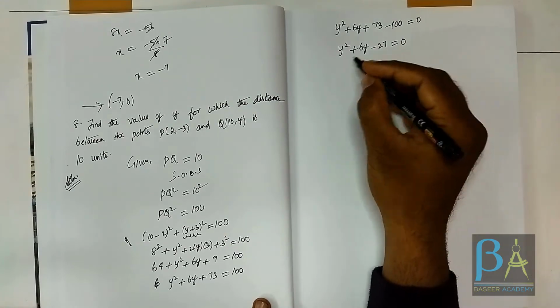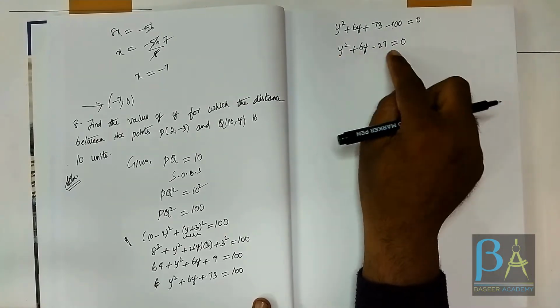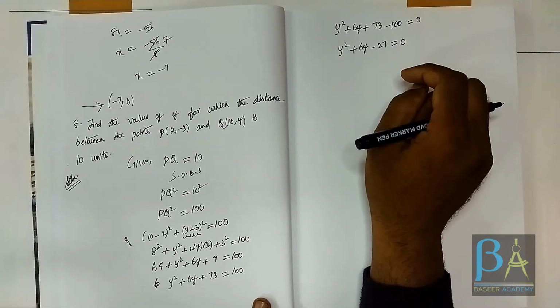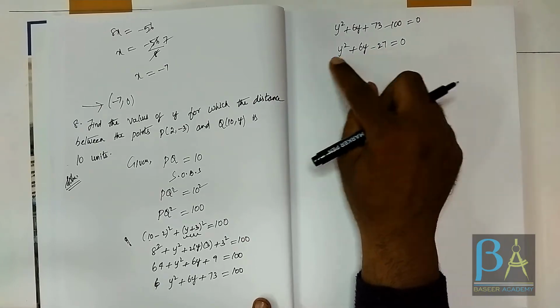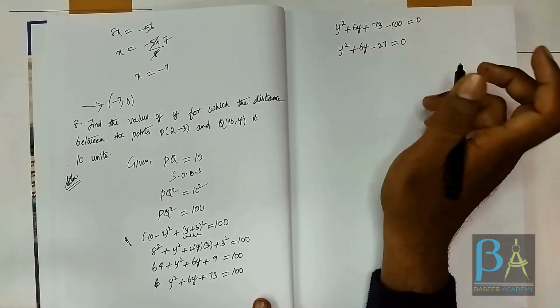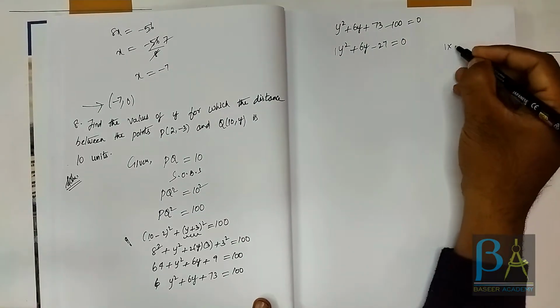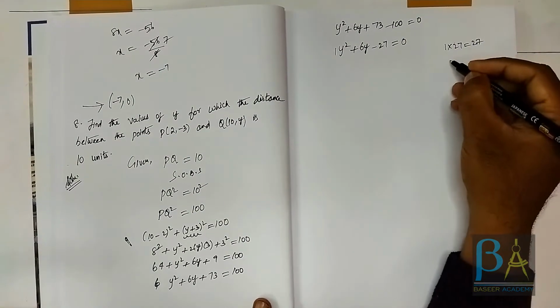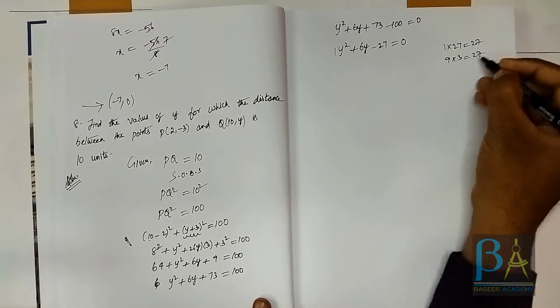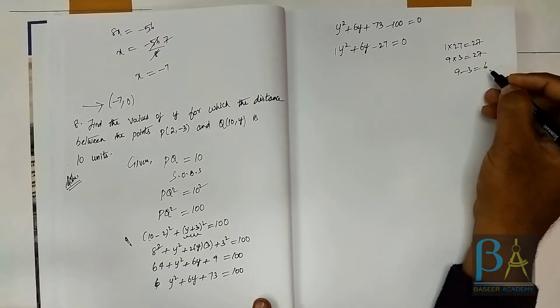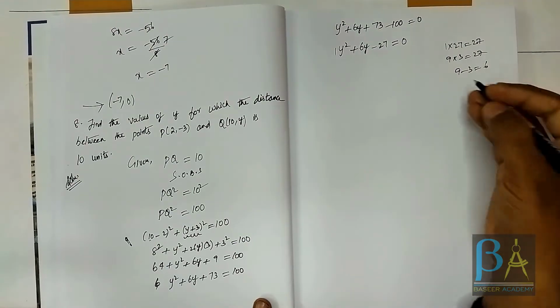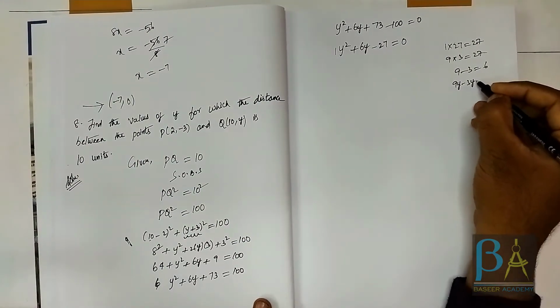Now we can factorize this quadratic equation by splitting the middle term. How do you split the middle term? 1 into 27 is 27. 9 into 3 is 27. 9 minus 3 is 6. So 6y can be written as 9y minus 3y.